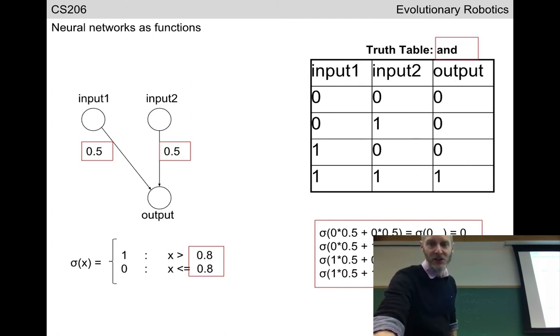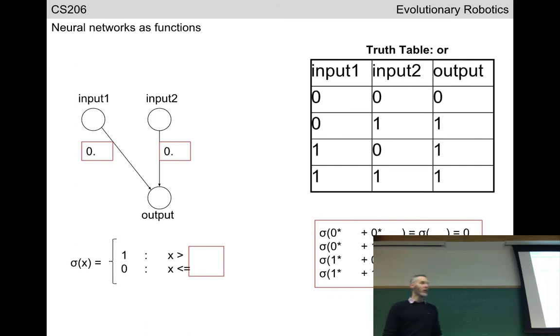That's the AND function. Let's try and do the OR function now. So we still have 4 cases to deal with. But now we want to make sure that we get an output if one or both of the presynaptic neurons is set to 1.